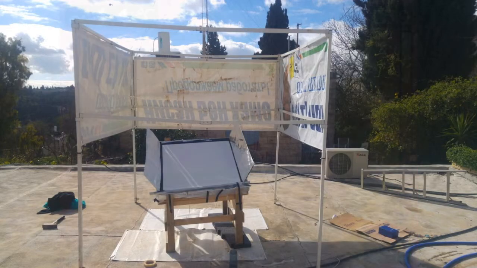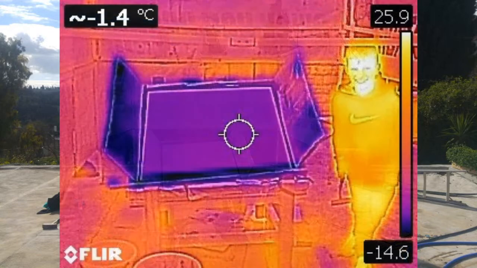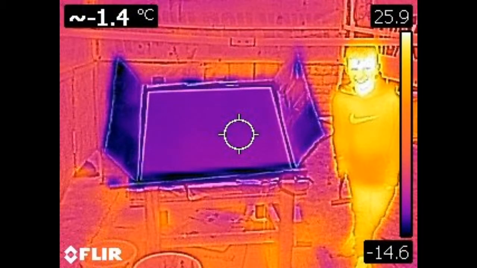And now for the results. We managed to get our surface to a temperature that is, on average, 8 degrees Celsius lower than the ambient temperature, and collected up to 200 milliliters of water in a single night. Moreover, we managed to get dew on dewless nights.